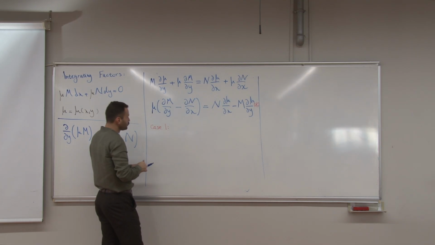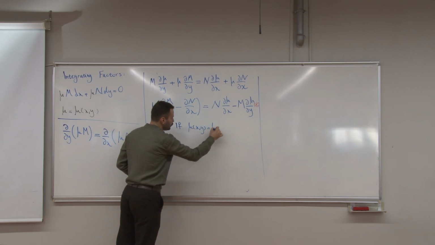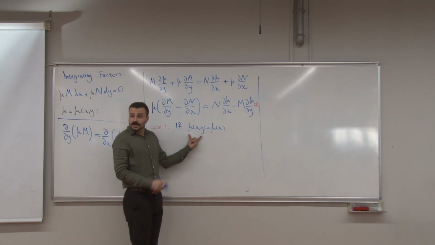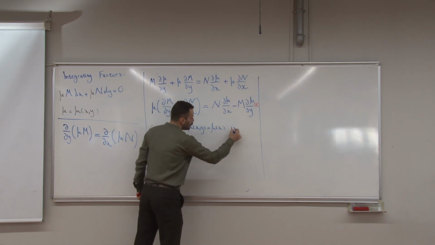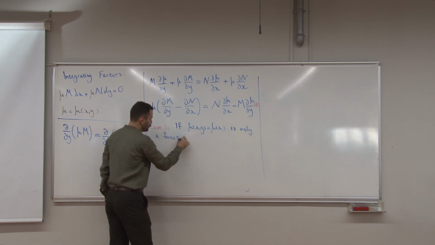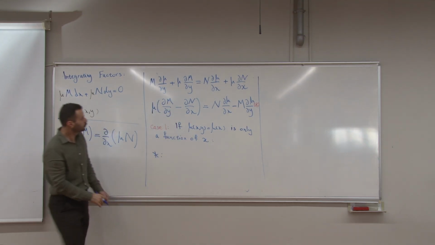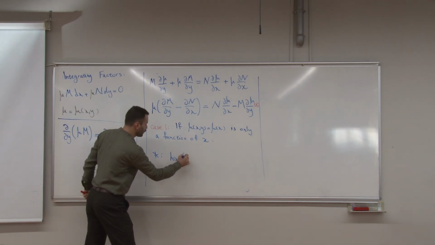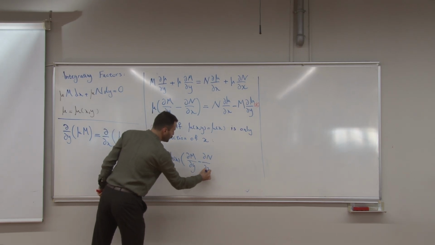Case 1. What does this mean? This means that my mu, my integrating factor, is only a function of x. Then what happens to star? I have this mu of x times (∂M/∂y minus ∂N/∂x).